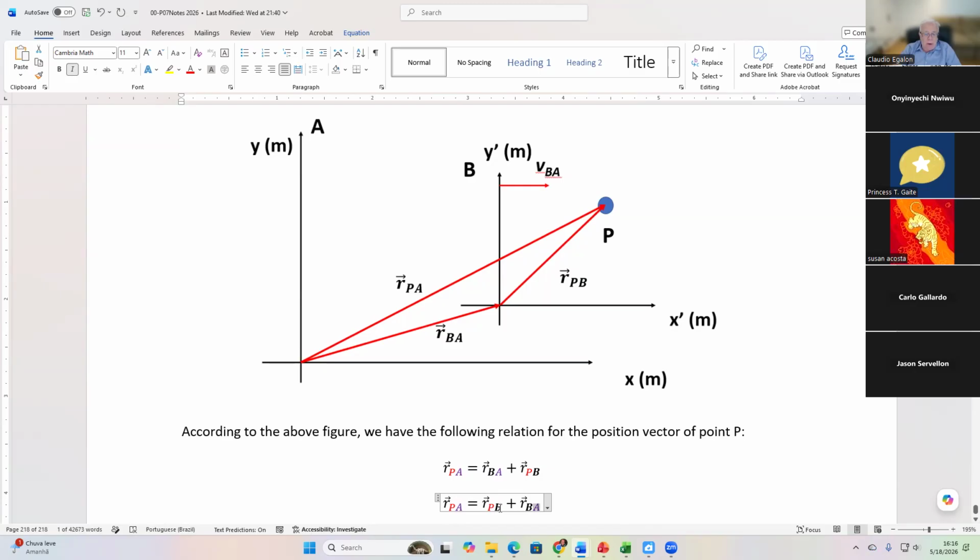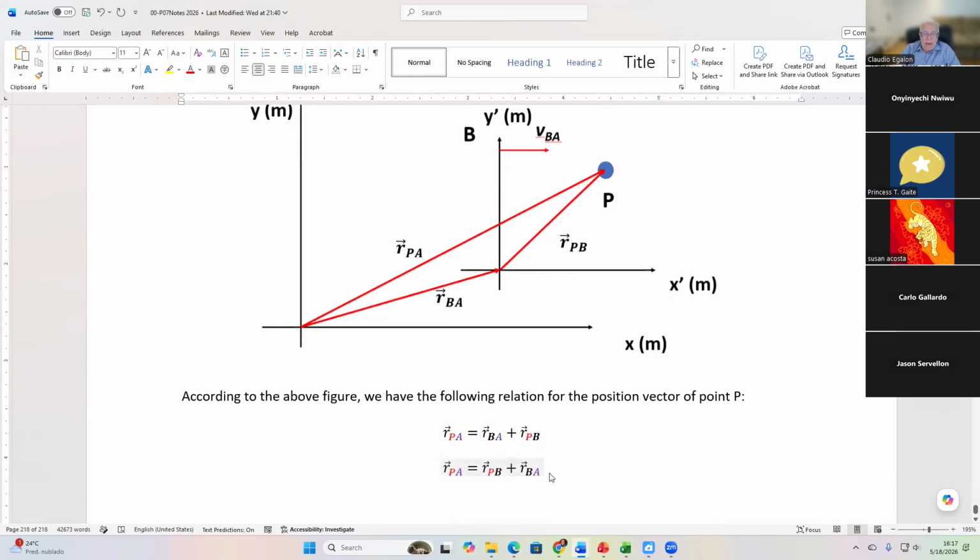But it must appear on the right side if you want to convert from a referential in B to a referential in A. And look where B appears. B appears as the last term of the first vector and as the first term of the second vector. Can you remember that? R_PA: P here, A here, right? With respect to B, B doesn't appear, but B is sandwiched between those two vector positions. Okay?